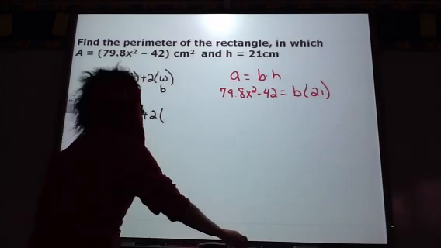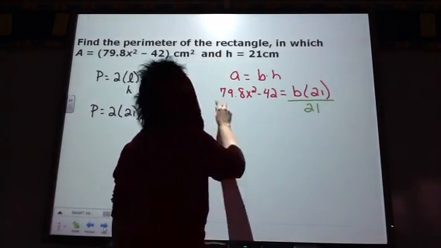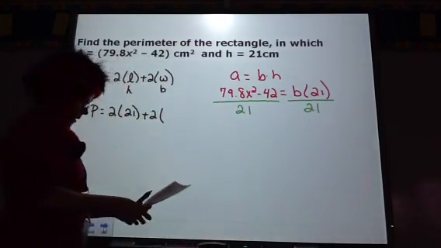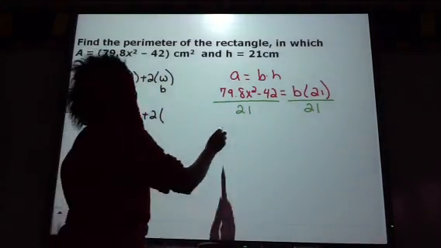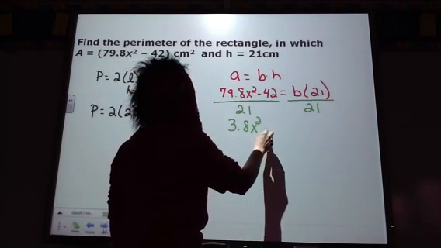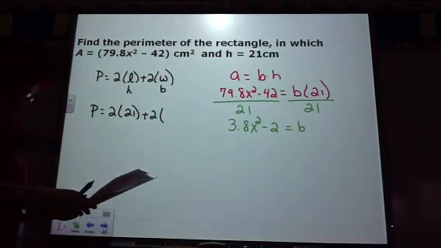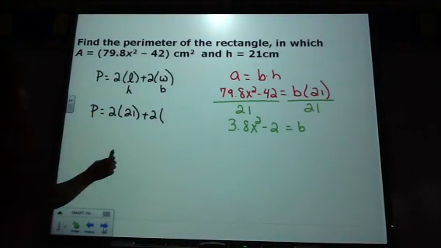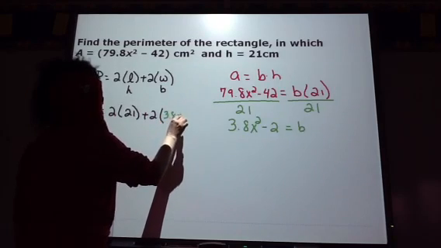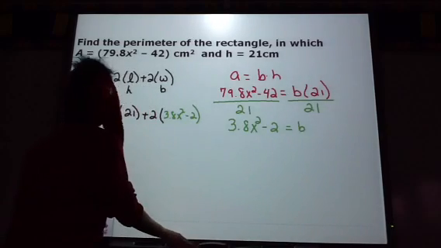So we can find out what base is by isolating the variable b, divide by 21. So you've got to take each term and divide by 21. And when you do that, you get 3.8x squared minus 2 equals b. So now I can substitute this in for my base. And then we need to simplify here.